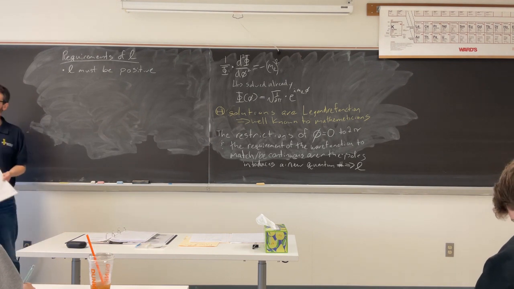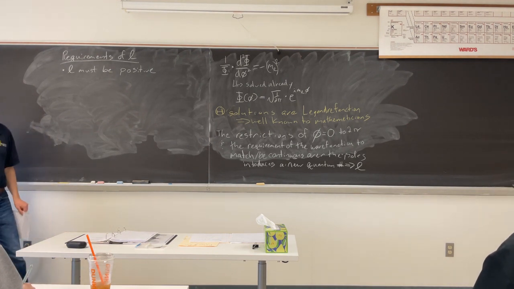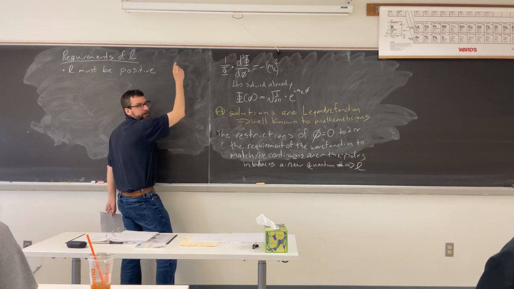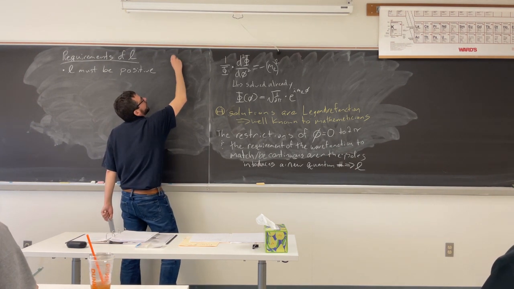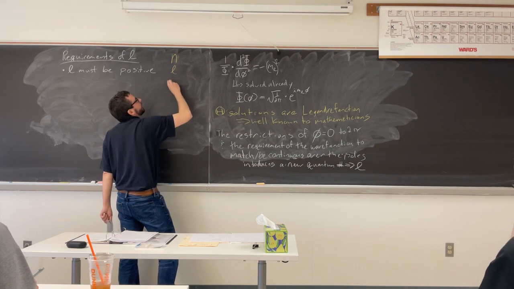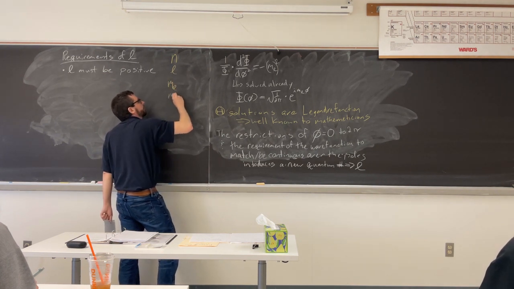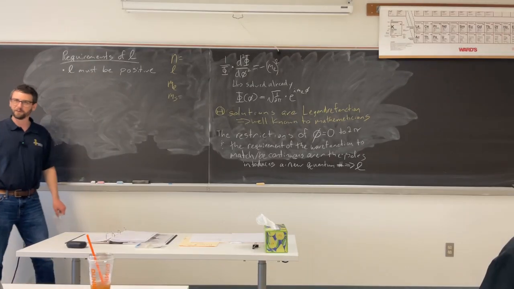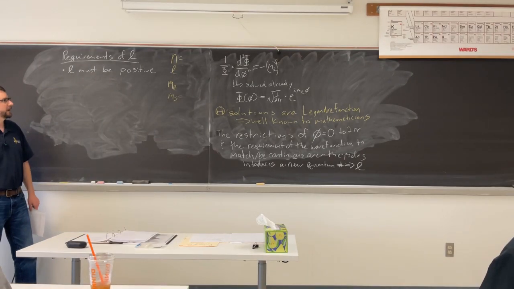Okay, let's review quantum numbers real quick. What are the 4 quantum numbers we can have? You don't have to write this down, by the way. N and M sub s are the easiest to deal with. What's the rules for N and M sub s?